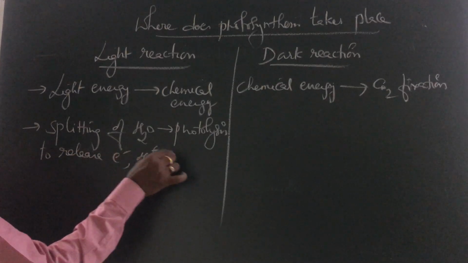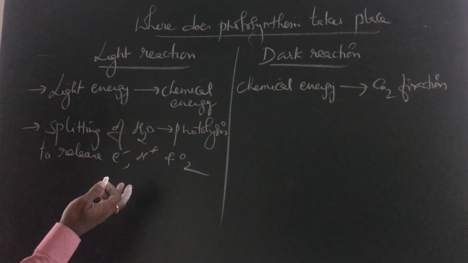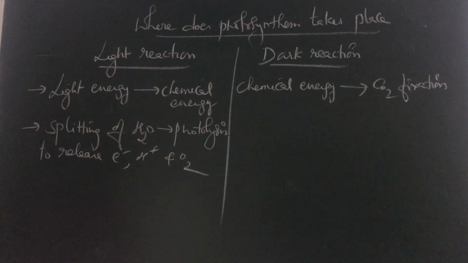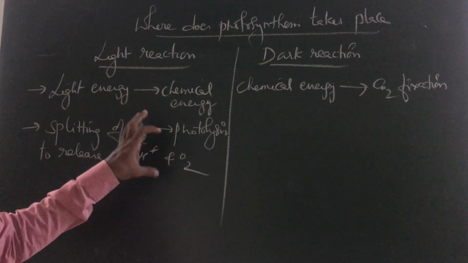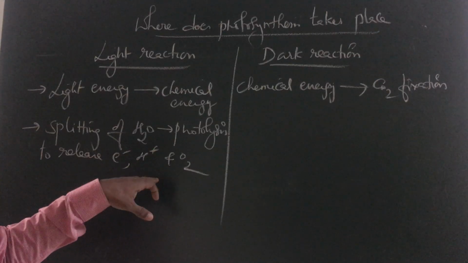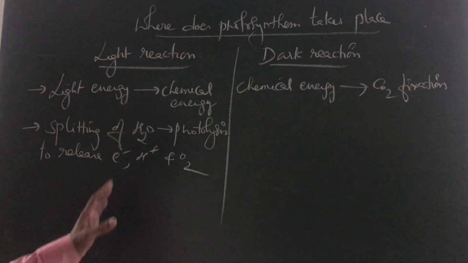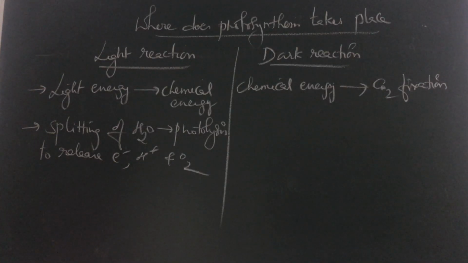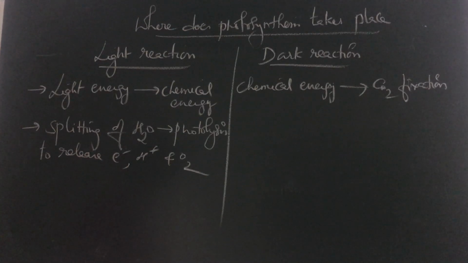This is what we see in photolysis. This will clearly explain how and when this splitting occurs exactly in the light reaction, that is, in cyclic and non-cyclic photophosphorylation. Okay, right. There in detail you can come across this point again.